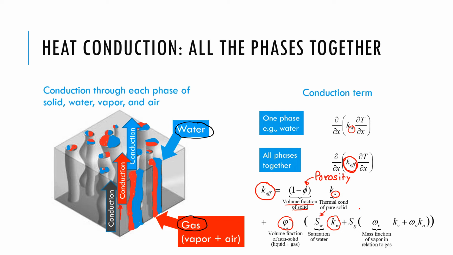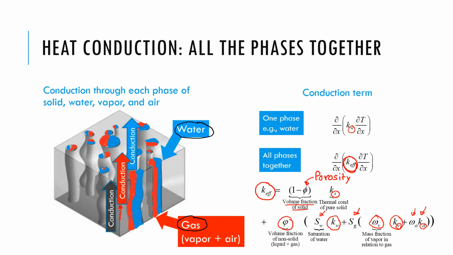And likewise, this is the saturation of gas multiplied by the gas portion. The gas portion again is, there is vapor and there is air. So we multiply the vapor part by its mass fraction and then the air by its mass fraction.